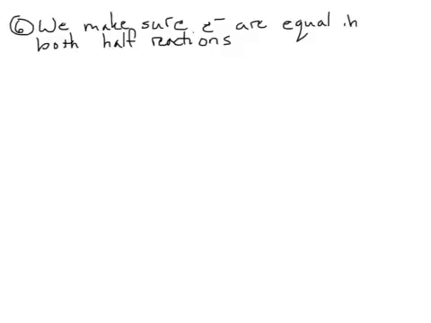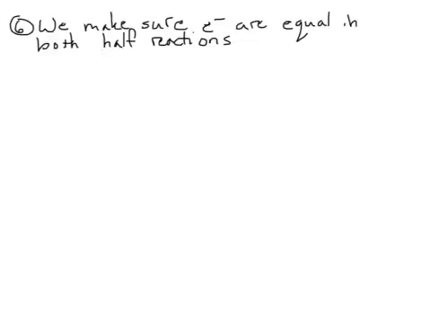If we take a look at our 2 half reactions there, we see that the number of electrons are not the same in both. Our oxidation is actually significantly lacking. So if you take a look, we have 1 electron in our oxidation, but 6 electrons in our reduction. So we need to multiply our oxidation by 6.